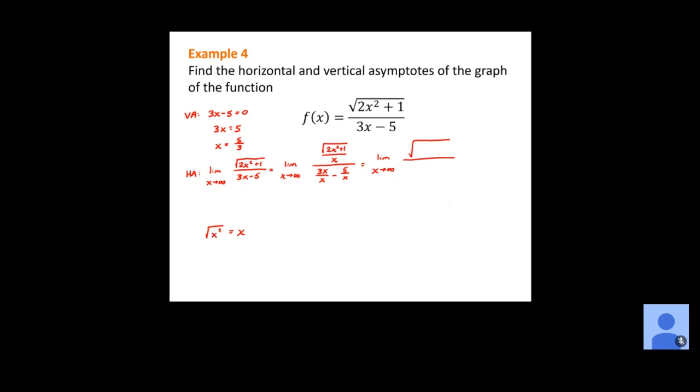So I need an x squared inside the square root so that once I take that square root, it gives me the x on the outside that I want. So now this is going to become 2x squared over x squared plus 1 over x squared. So anytime you move that x into the square root like that so that you can divide each term by it, it's just going to become an x squared instead. Any questions about that step?